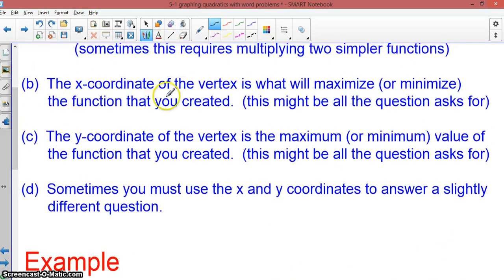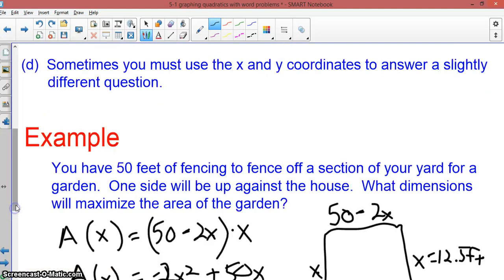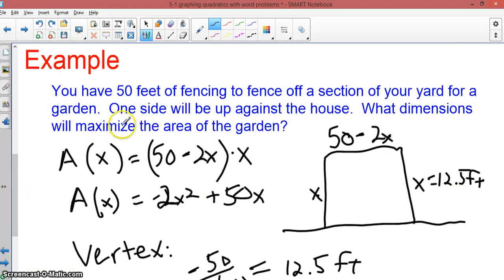They could be asking for the x-coordinate effectively, so they're asking for the dimensions, which was x. They could ask for the y-coordinate, which would be the area, because remember, this f of x notation, that's y. If I ask for the area, you plug in 12.5, crunch the numbers, and you get some big number, and that's the area. They're asking for the y-coordinate of the vertex.